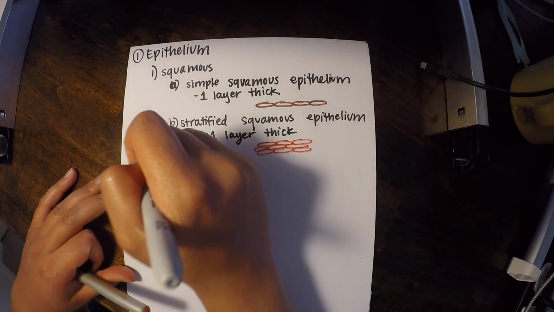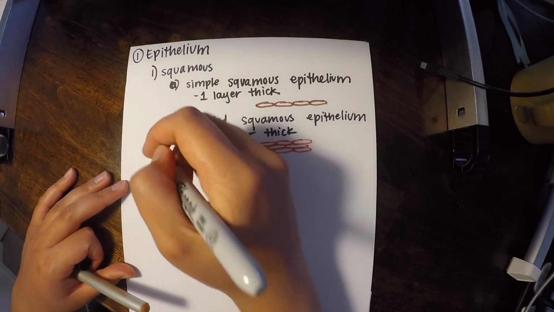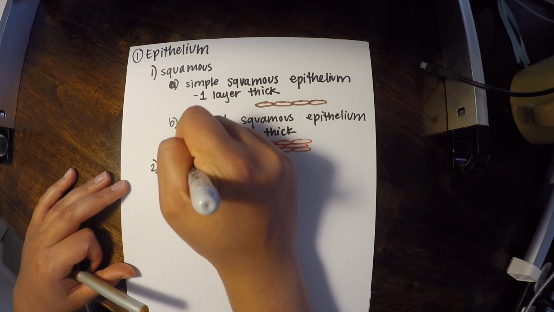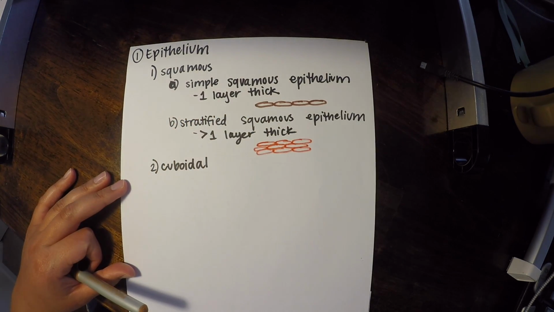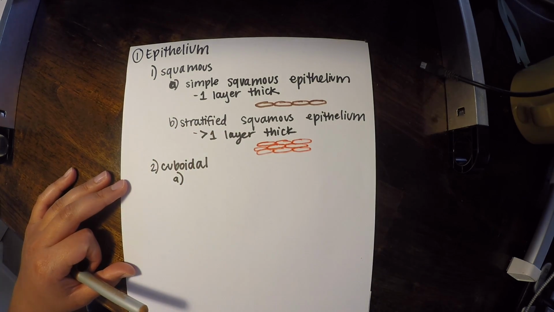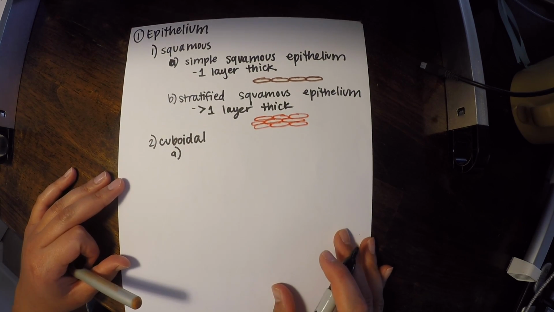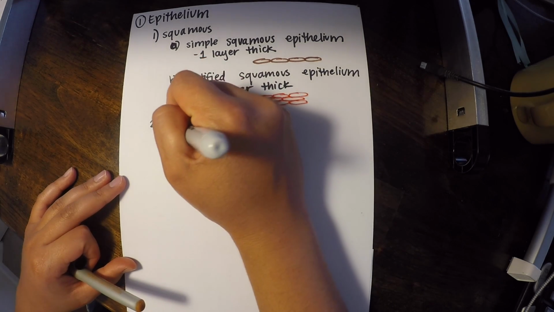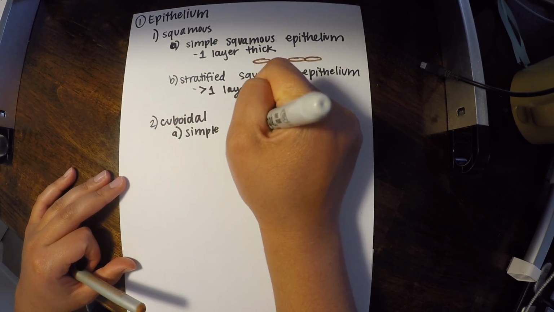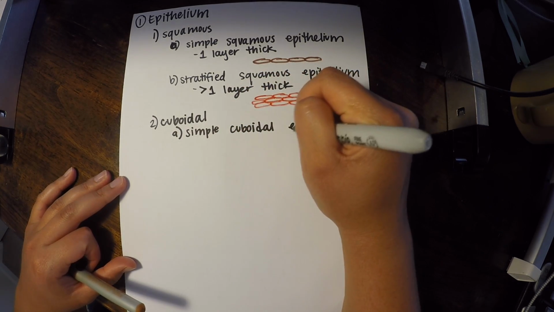Our second type is cuboidal, and we're going to have the same type of setup. The first type of cuboidal tissue is going to be simple cuboidal epithelium.